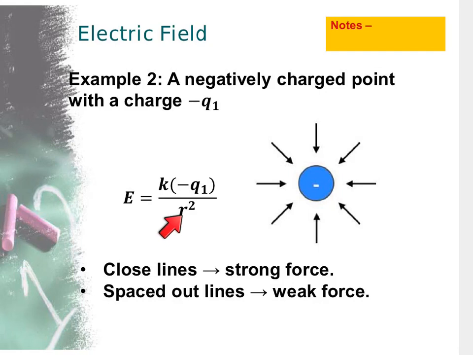Now as R squared gets smaller and smaller, what happens to this electric field? Well, the electric field gets larger and larger. So can we see this idea represented on our map? That is, as we get closer to the charge, our electric field gets stronger.